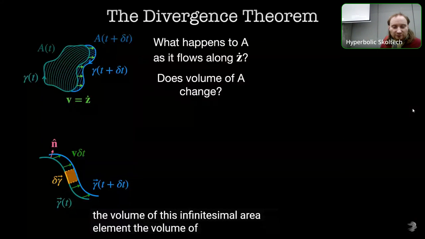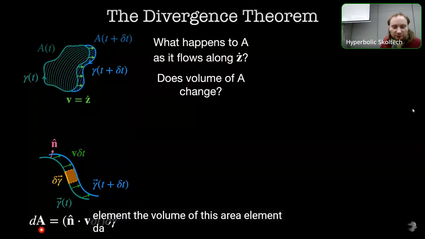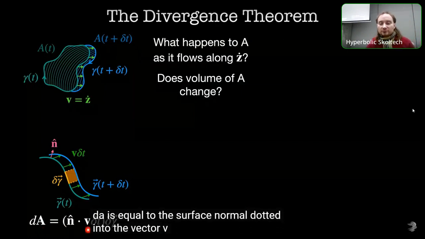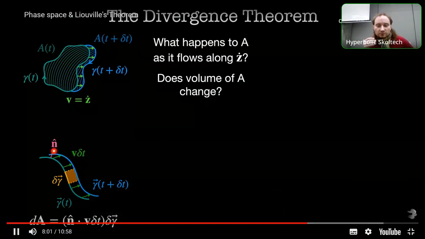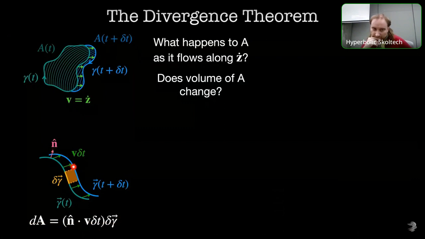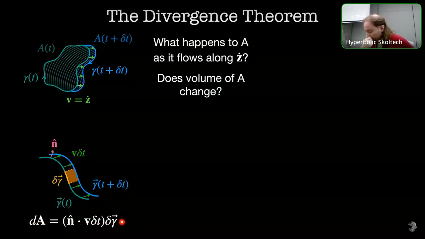The volume of this area element, dA, is equal to the surface normal dotted into the vector V times delta t, which is the projection of the flow direction into the surface normal. That's the bit of the flow that's perpendicular to delta gamma. Then we multiply it by delta gamma to get the total area of this little patch.